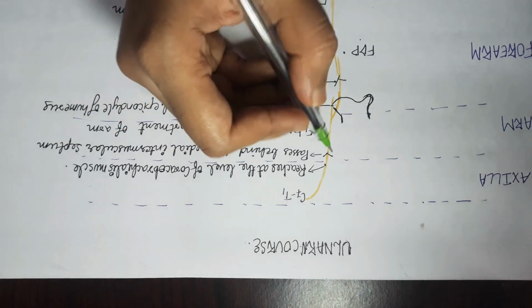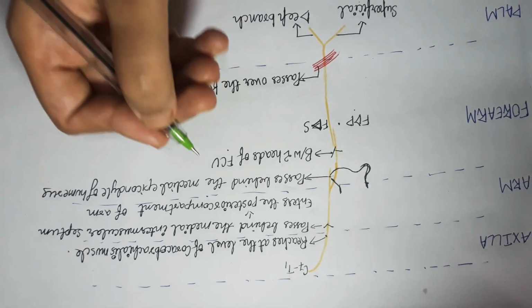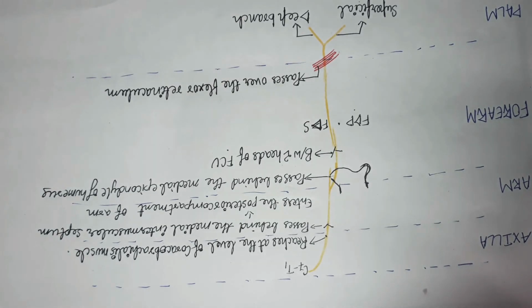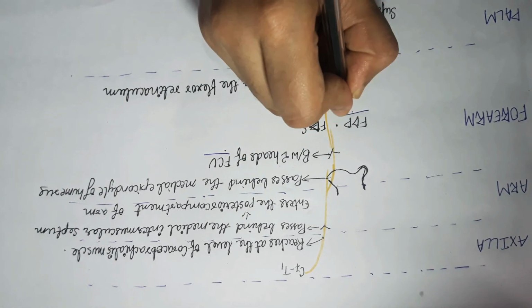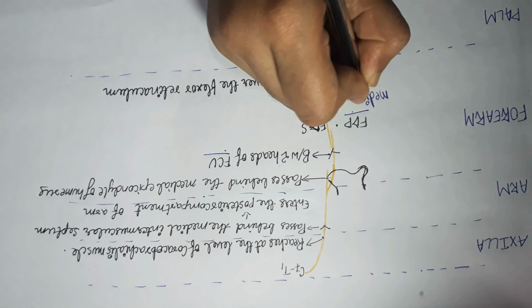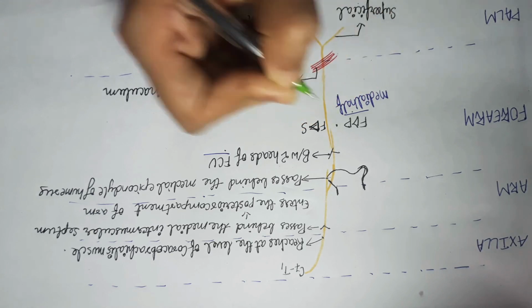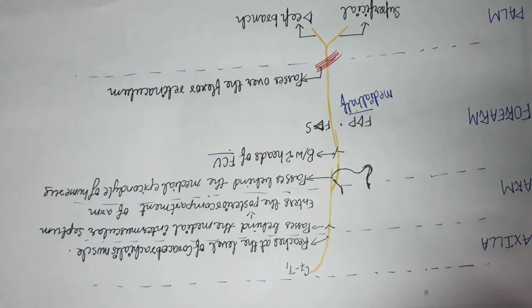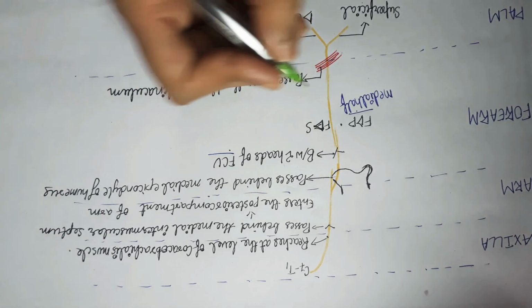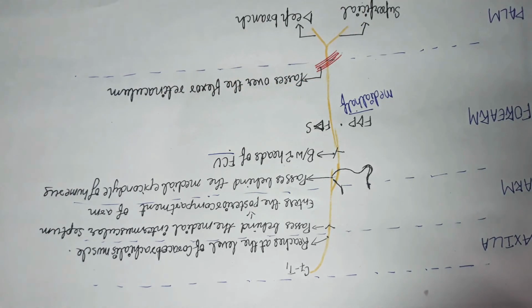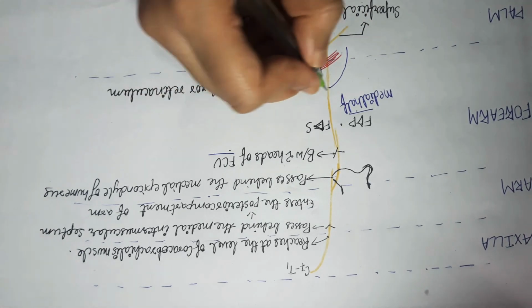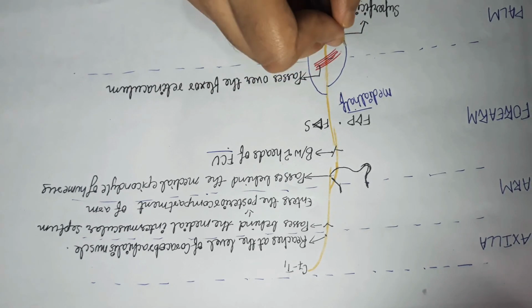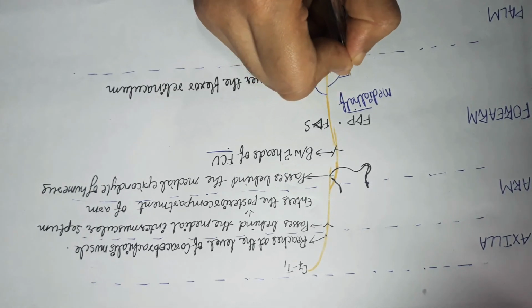The ulnar nerve has no branches in the arm, whereas in the forearm it has two muscular branches: first, to flexor carpi ulnaris, and second, to the medial half of flexor digitorum profundus. It gives two cutaneous branches, that is the palmar cutaneous branch and the dorsal cutaneous branch.